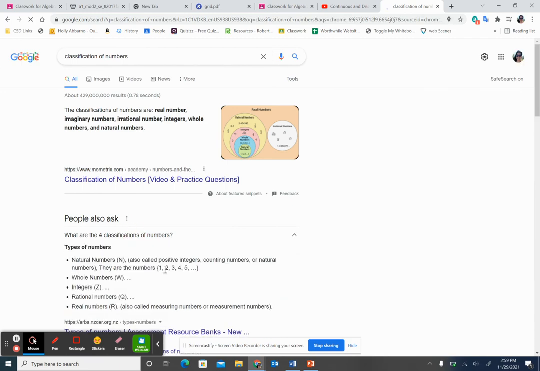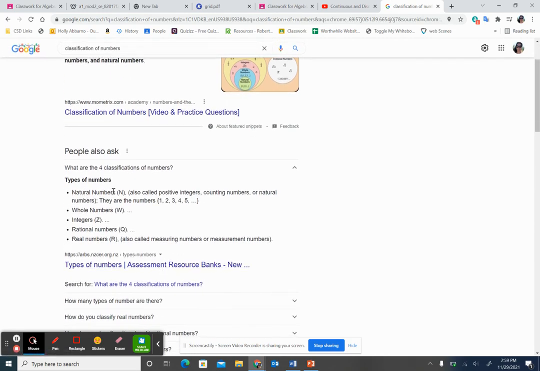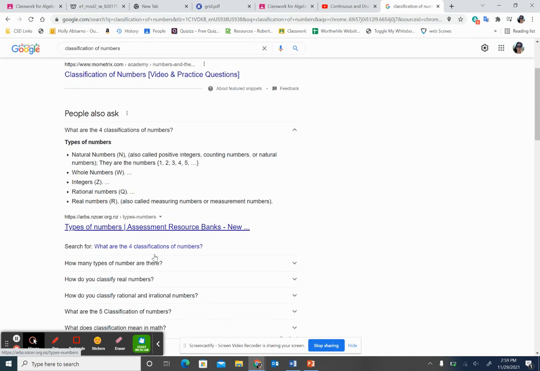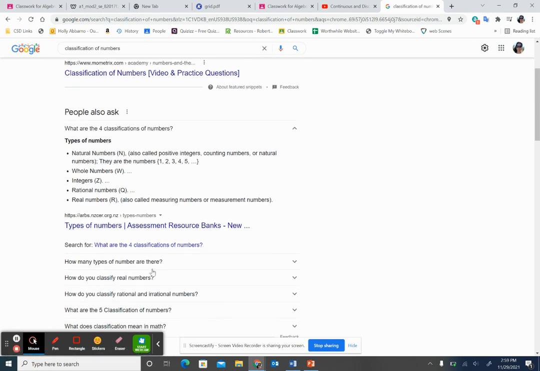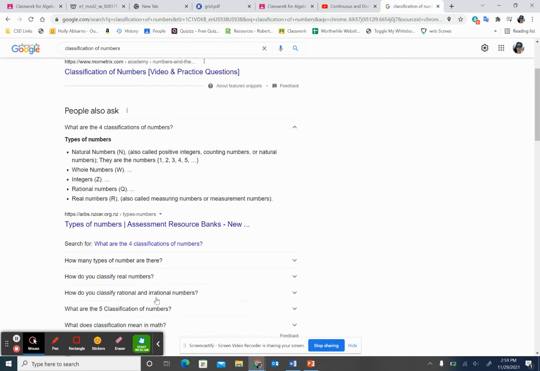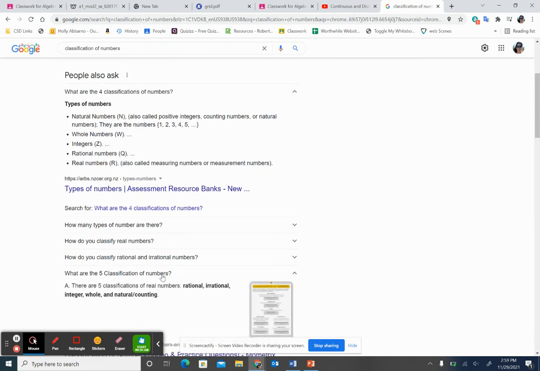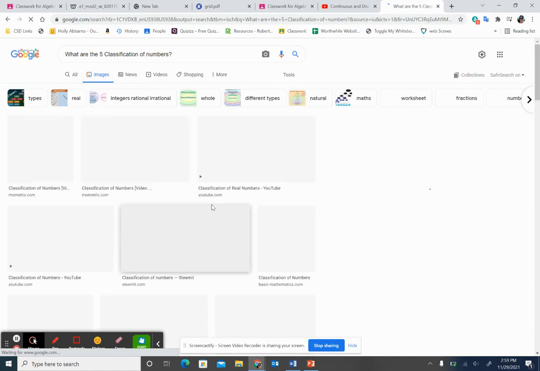What are the 4 types of classifications of numbers? So natural numbers are positive integers that don't include 0. Whole numbers include 0. Rational, irrational. Let's look again. Let's see if we can find the chart.